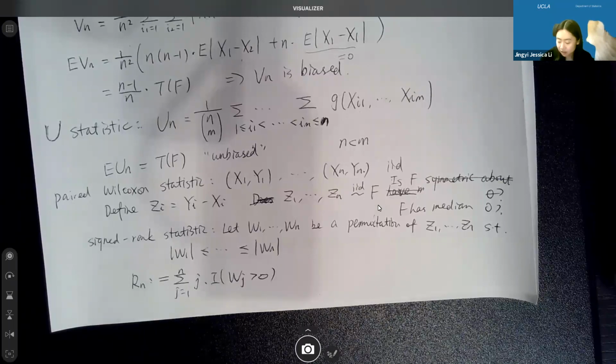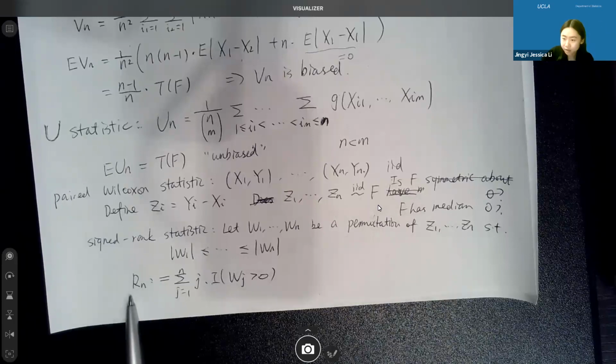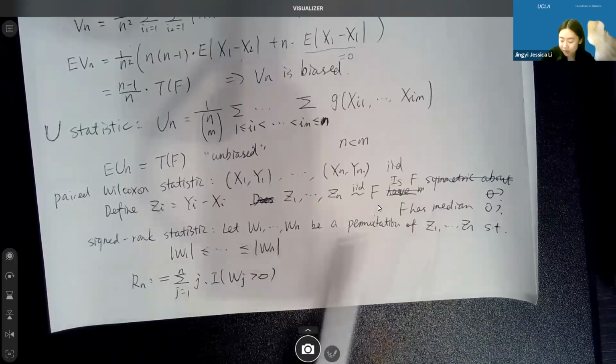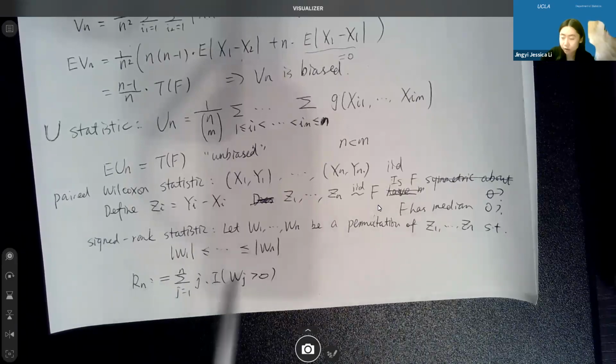On the other hand, if you have all the positive W_j's in the lower end of the absolute value, then R_n will be small, and that's another suggestion the null hypothesis may be violated. So intuitively, a too large or too small R_n will suggest violation of the null, while a middle value of R_n will suggest the null is likely. That's the intuition we have here.